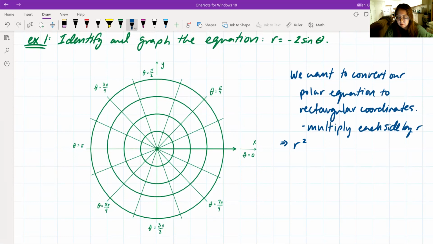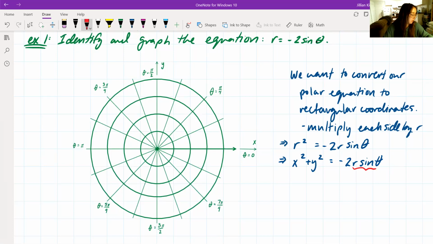This is now going to become r squared is equal to negative 2r sine of theta. We know we can replace r squared, so we're going to get x squared plus y squared is equal to negative 2r sine theta, where we know that r times sine of theta in this case is actually going to be equal to y.